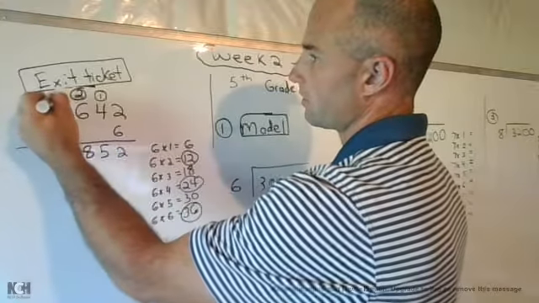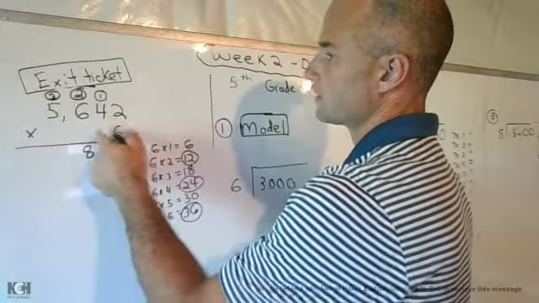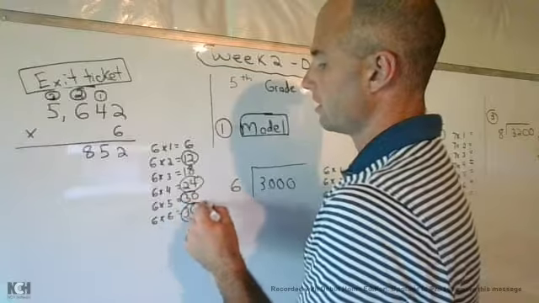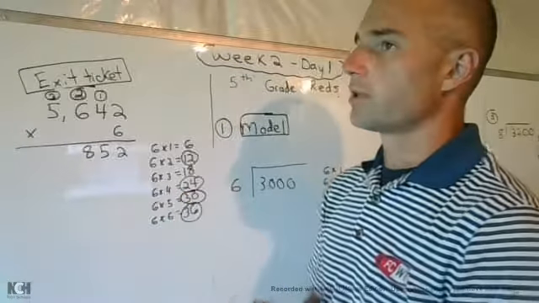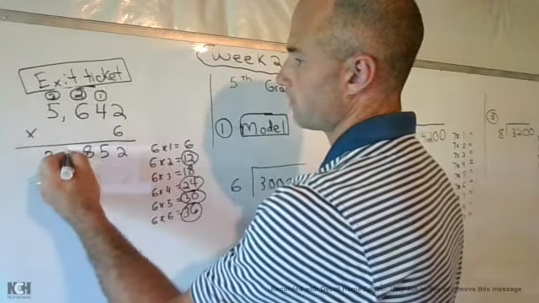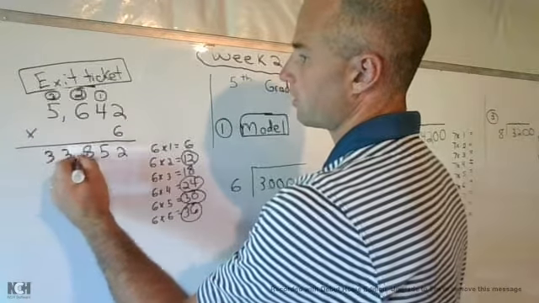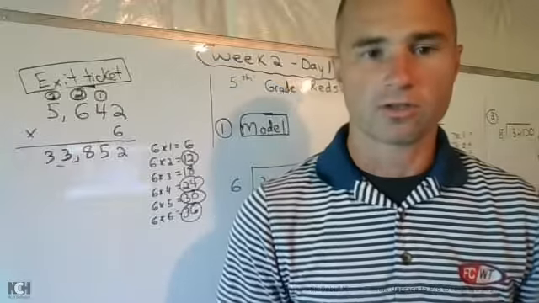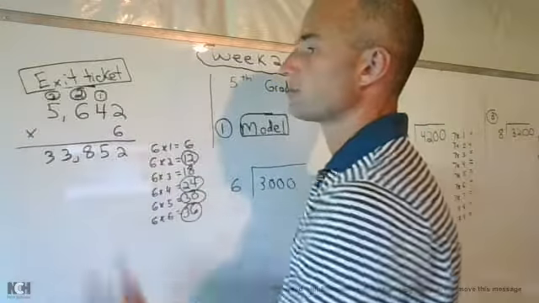Leave the 8, carry the 3. 6 times 5 equals 30, plus 3, that 3 right there, equals 33, which gives you 33,852 as your answer.